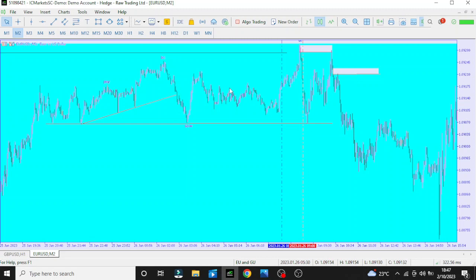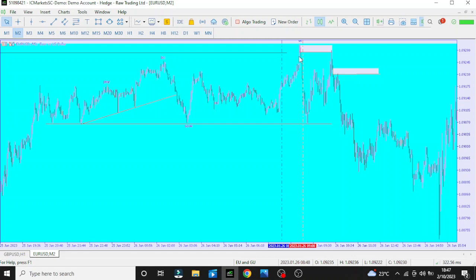And guys, on my last trade breakdown, I talked about intersession liquidity, that each session can create liquidity that will be manipulated by another session. For example, you see, during the Asian session these equal lows were created, and these equal lows were never liquidated, and they were only liquidated during the London session.